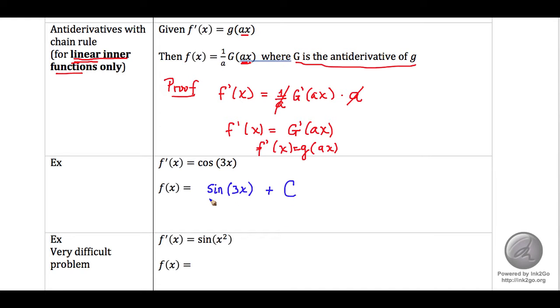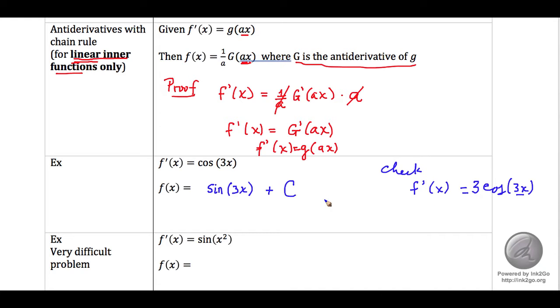However, when I go to check this and take the derivative, I run into a little bit of a problem, because I take the derivative of sine and I get cosine of 3x. The derivative of the constant goes away, but because of the chain rule, I have to multiply by 3.